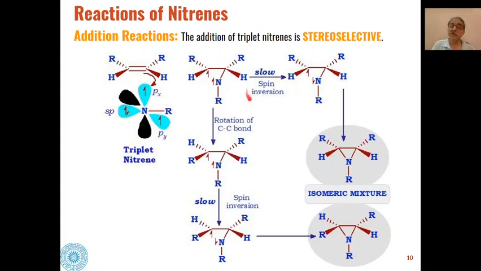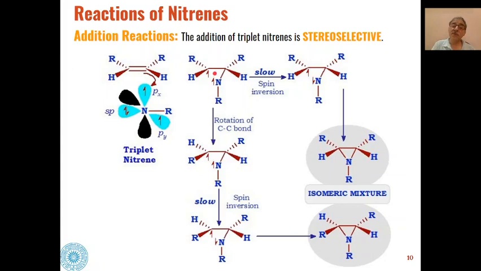So first, in a slow step, spin inversion will take place. That is, this will get inverted, and the spin will be in the downward direction. Now there is a possibility of formation of the carbon-nitrogen double bond, and this will undergo cyclization to give us aziridines as the product. So one isomer of aziridine is formed when this undergoes spin inversion and gives us the product.